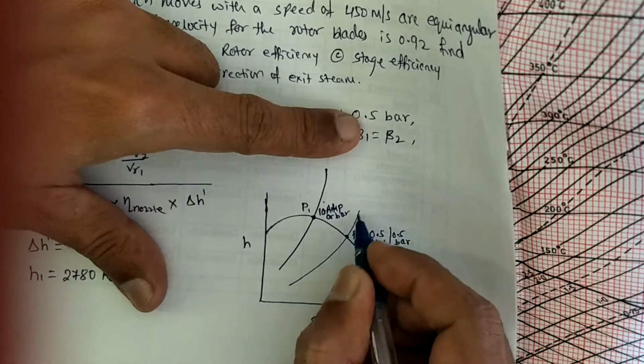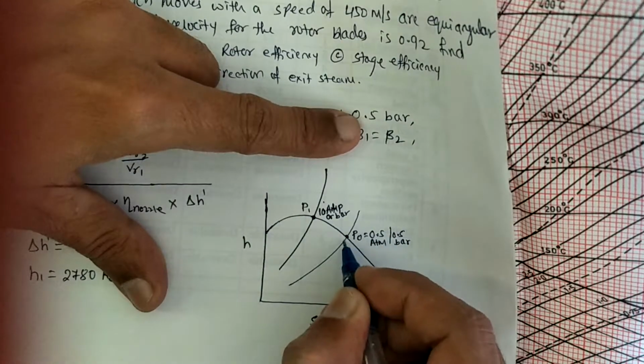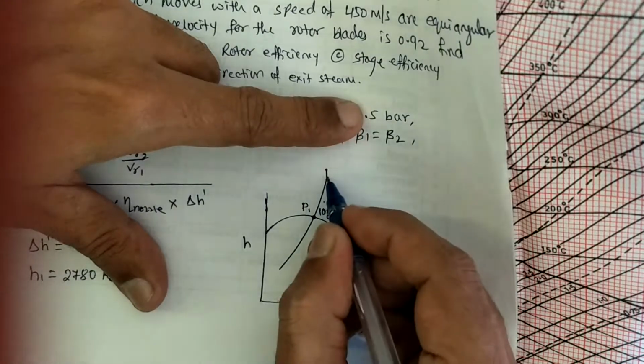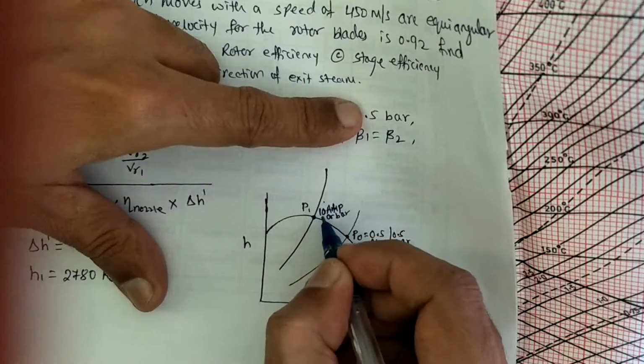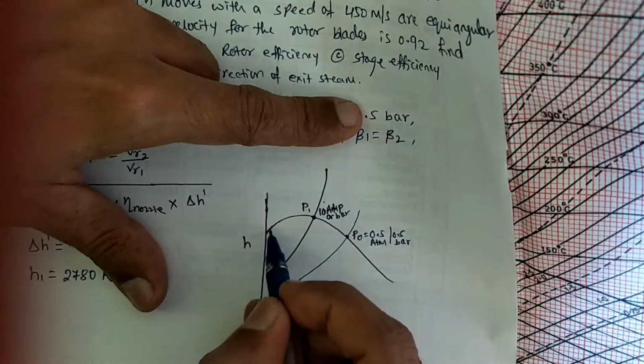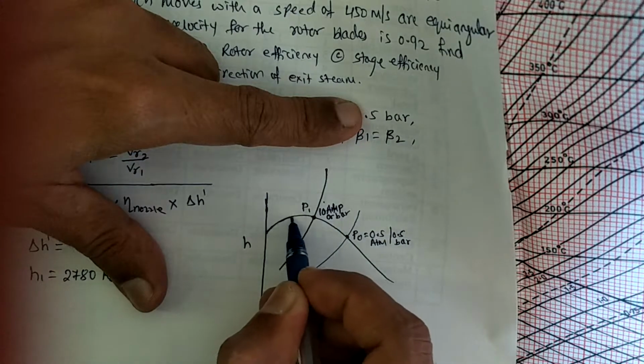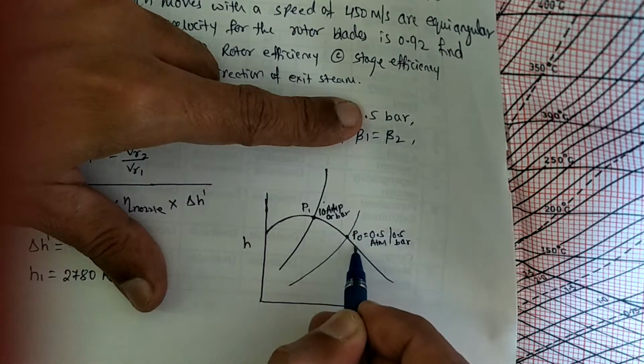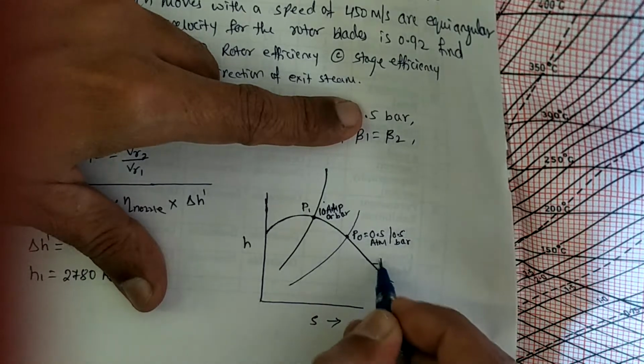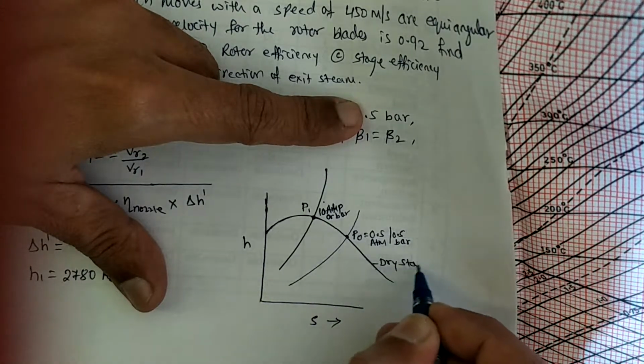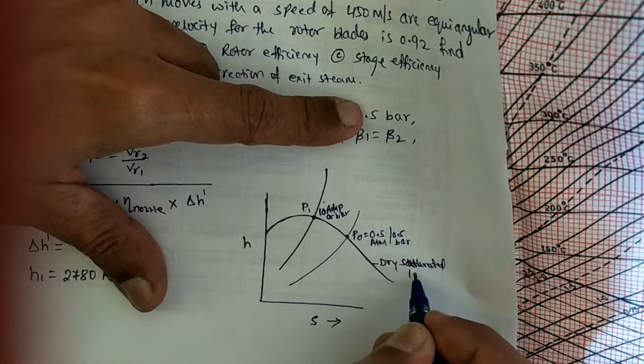As you can see, this is the line of 0.5 bar. This is the condenser pressure line, and this is one more pressure line, that is P1, at 10 atmospheric pressure. This curve is the dry saturated line.